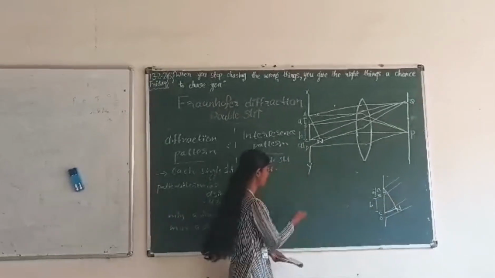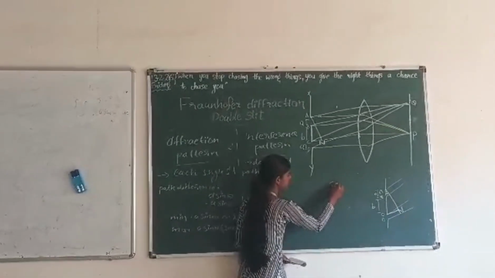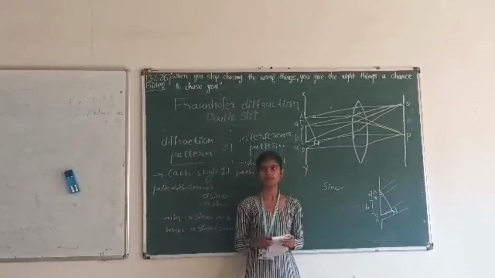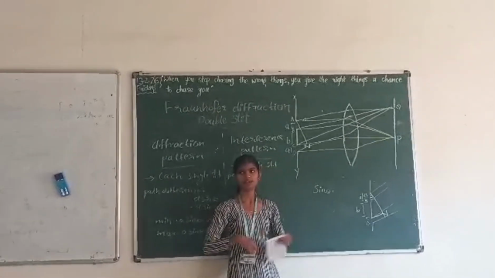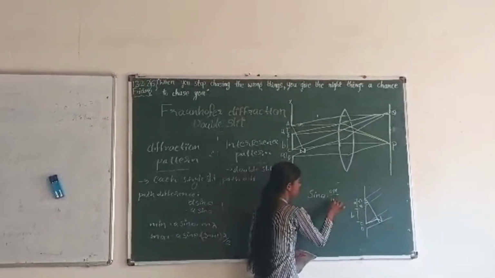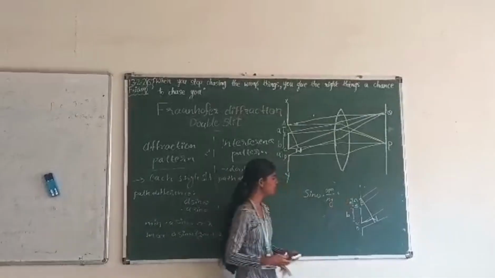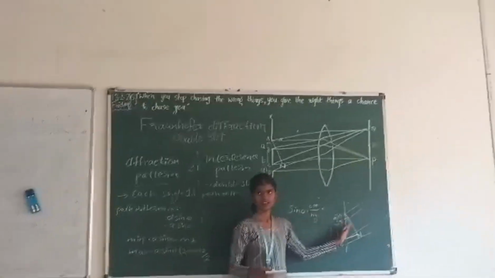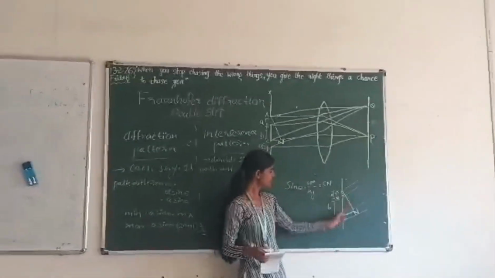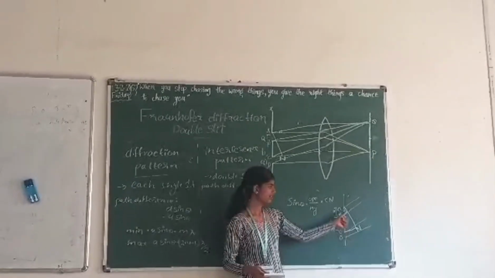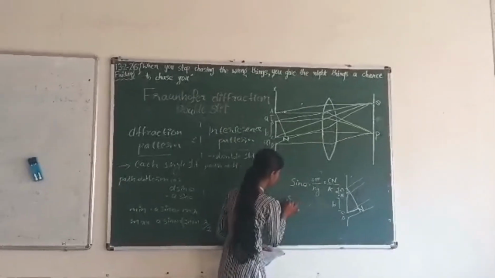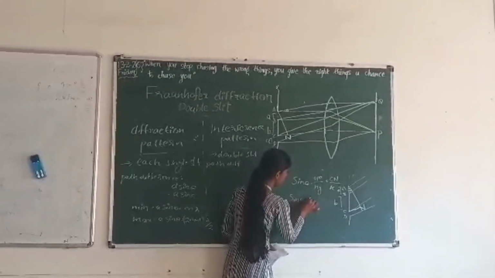So we are taking sin theta. How can we find sin theta here? Sin theta is opposite by hypotenuse. Here the opposite side is CN and the hypotenuse is AC. So sin theta is equal to CN by AC.